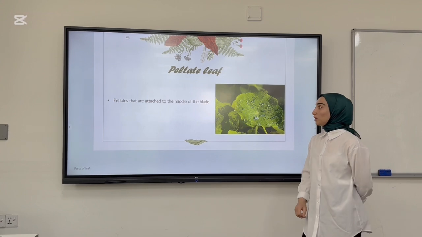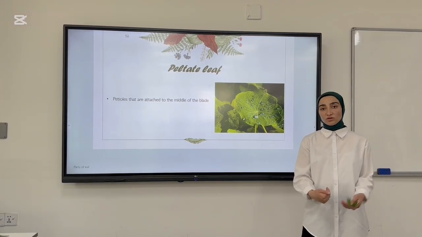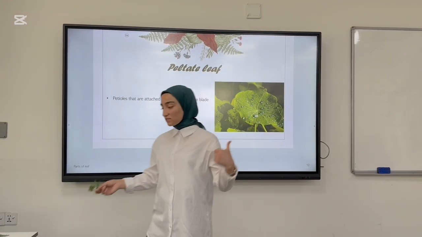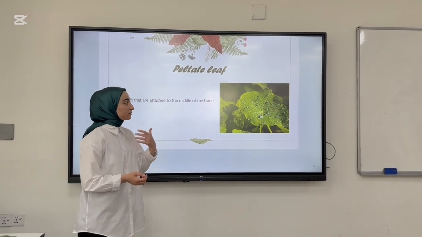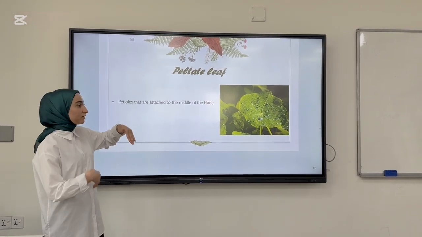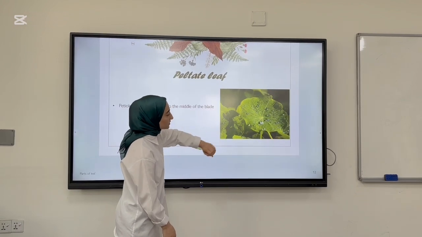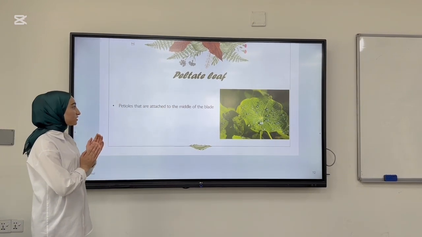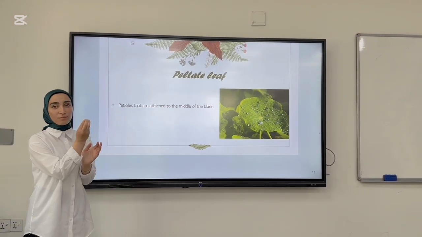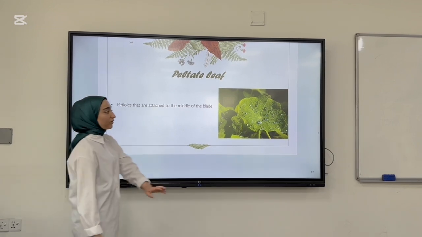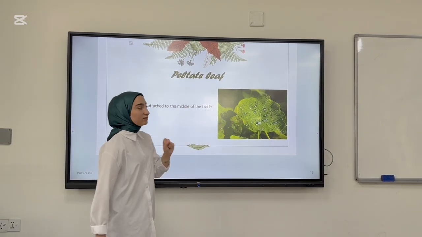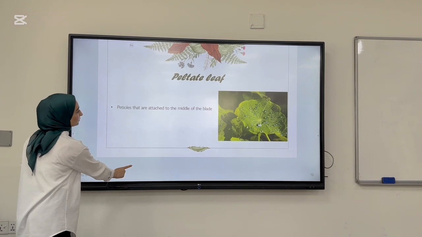The peltate leaf, which we cannot find like these leaves outside, but you can see in here. This is the peltate. The petiole is attached to the middle of the blade. The petiole is directly attached to the blade, in the middle of the blade.